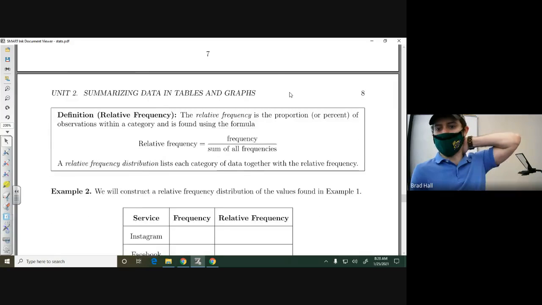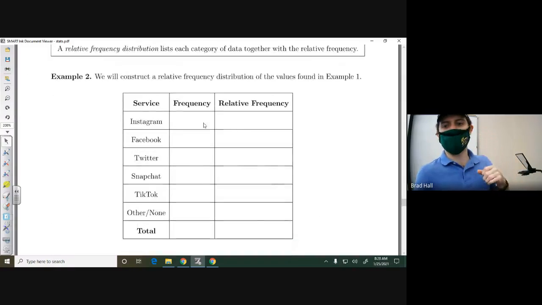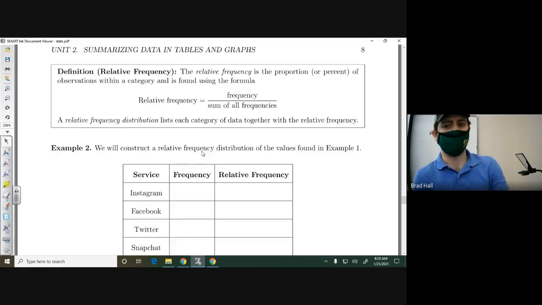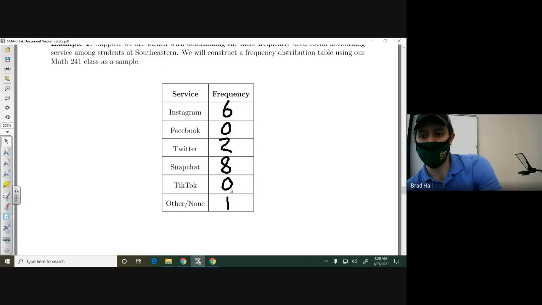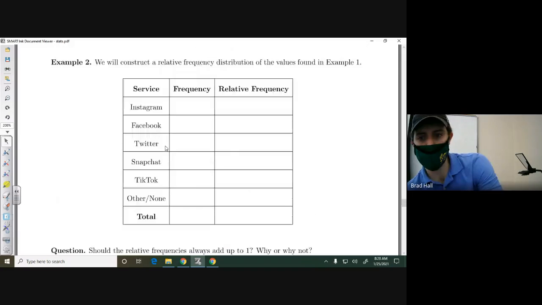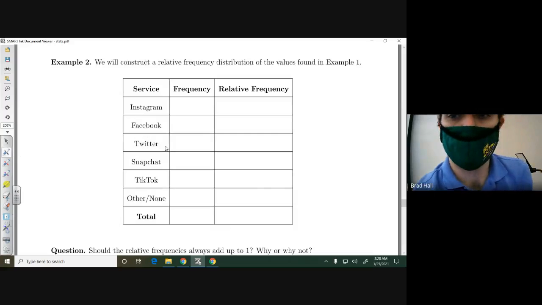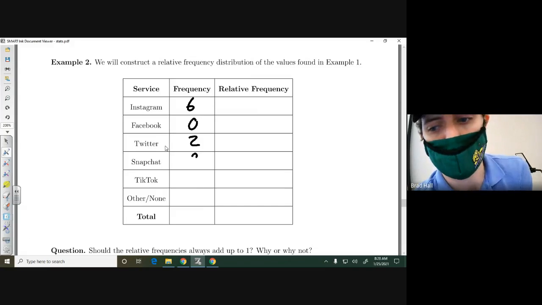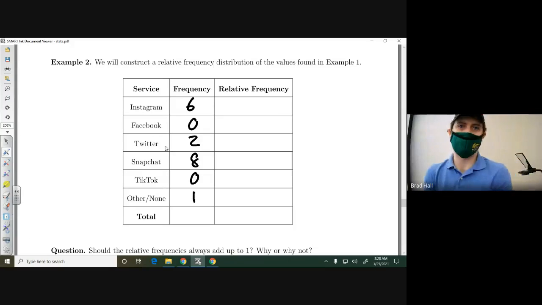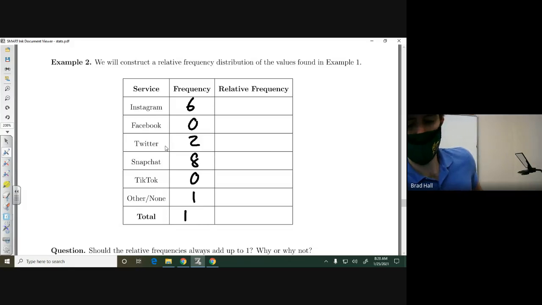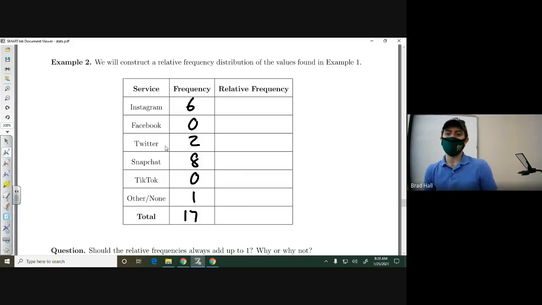And that's really what we're going to do down here. We're going to take the frequencies we got before. So I'm going to write all of them down. 6, 0, 2, 8, 1. And we're going to find the total of all those. I think I said it was 17. So 17 is the total.